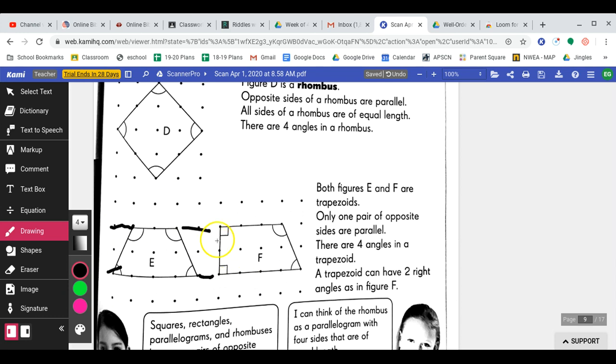In this trapezoid, once again, the horizontal ones are parallel to each other. These are not, though. This would eventually run into the other one. Most trapezoids we see look like this shape, but there can be right angles in a trapezoid. They just don't have to be right angles in a trapezoid. Okay, so a trapezoid has one pair of parallel sides. They're not of equal length. There doesn't have to be a right angle, but there can be a right angle in a trapezoid.